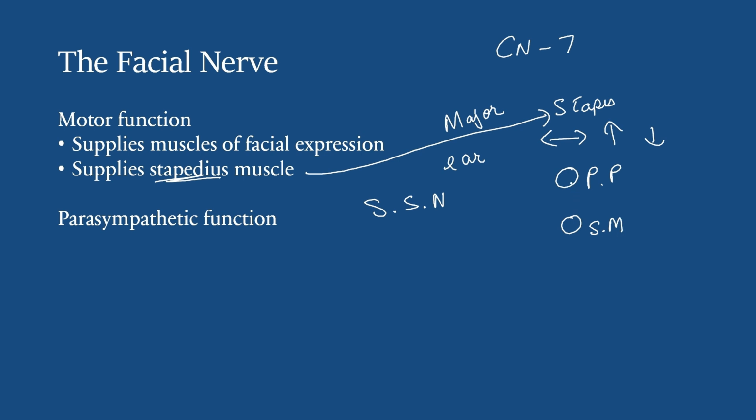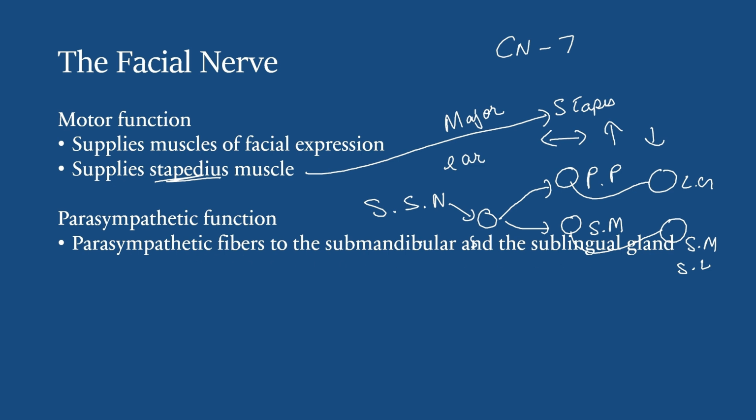The pterygopalatine ganglion sends postganglionic fibers to the lacrimal glands, and the submandibular ganglion sends postganglionic fibers to the submandibular and the sublingual glands. When it goes to the lacrimal glands, it's responsible for lacrimation, for tears. When it goes to the submandibular and sublingual glands, it is responsible for salivation.